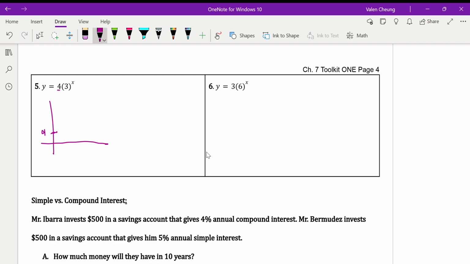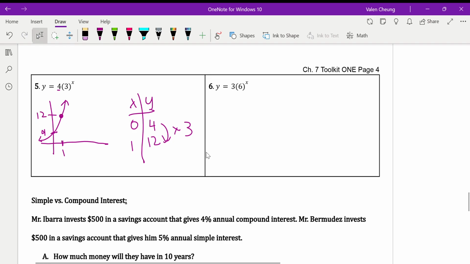We know it's going to cross at a 4, and we also know it's going to increase. So if we want our figure 1, let's see what it's going to be. 0 goes with 4, and then times 3 is going to give us 12. So figure 1 is 12. So wherever that is, that should be a 12.